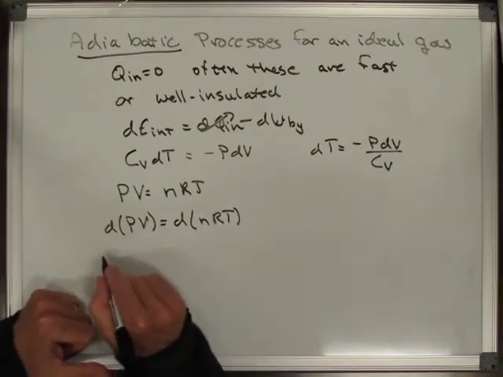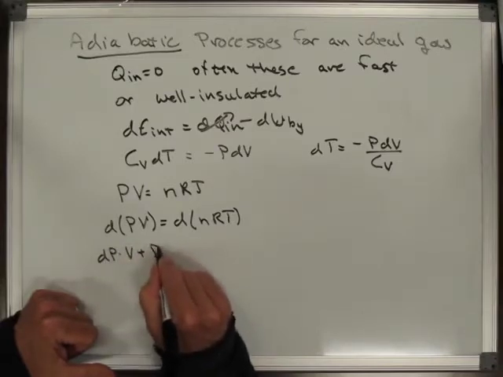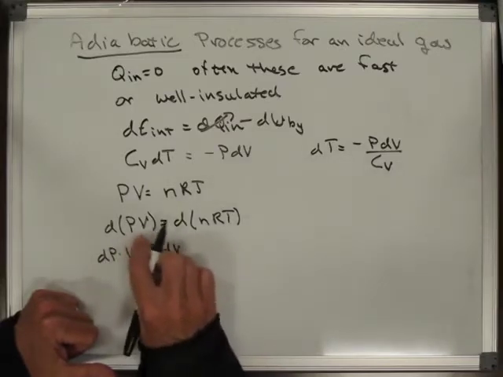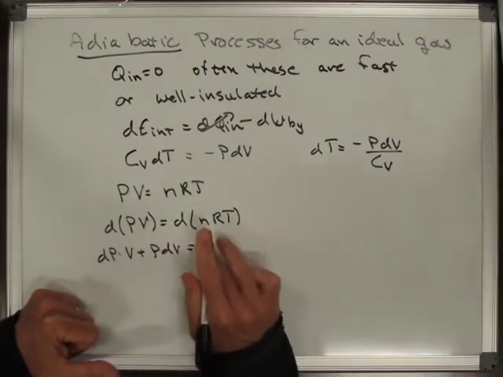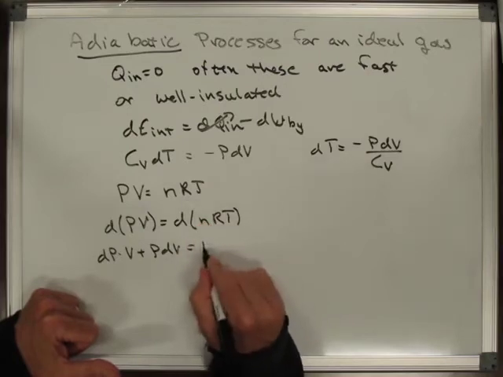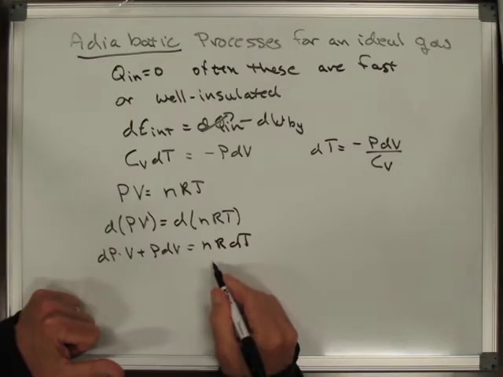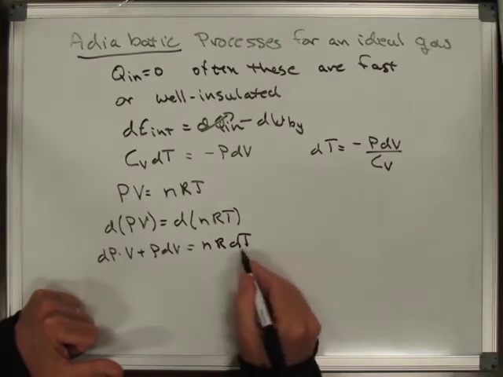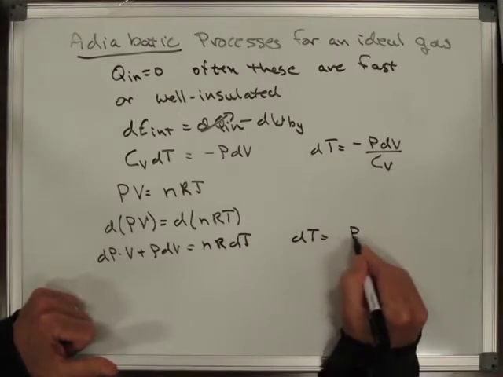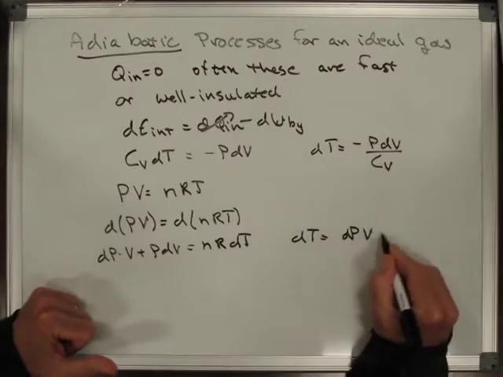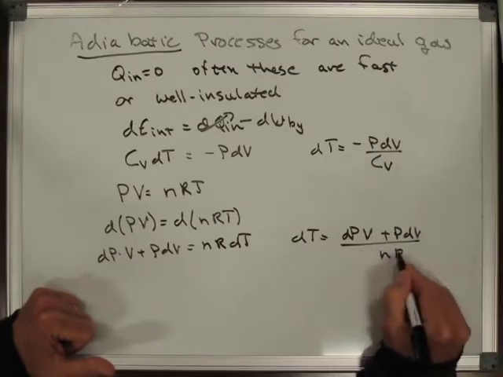You can use the product rule, and this is dP times the volume plus P dV. n and R are constant, so just nR dT, or I can say dT is equal to dP times V plus P dV over nR.